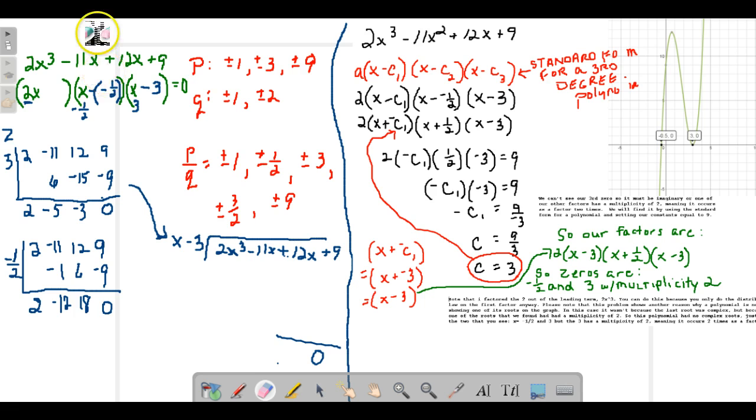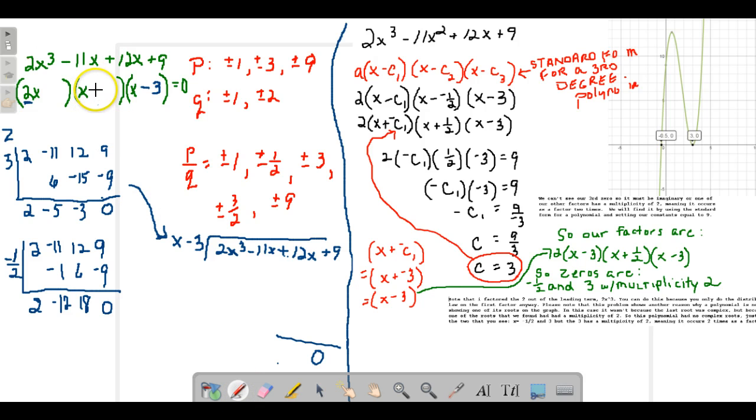Let's change that just so it looks neater.